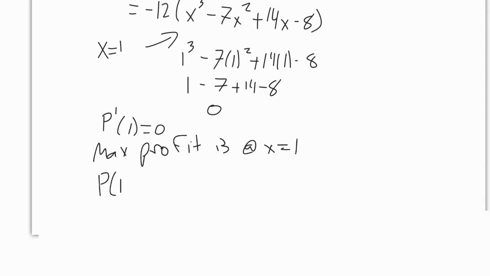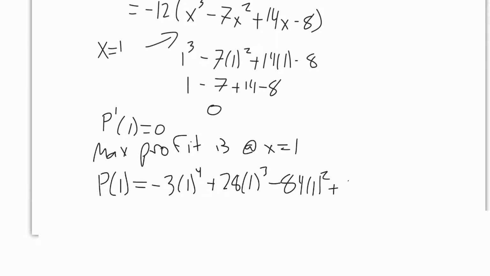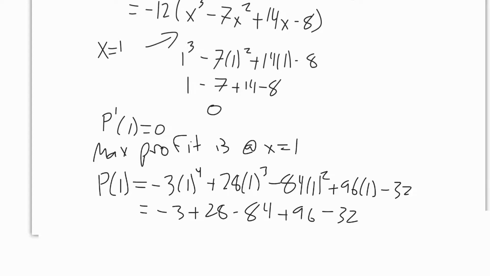Well, let's actually find what the profit is. So we'll find p of 1. That'll be negative 3 times 1 to the 4 plus 28 times 1 cubed minus 84 times 1 squared plus 96 times 1 minus 32. So we'll get negative 3 plus 28 minus 84 plus 96 minus 32.